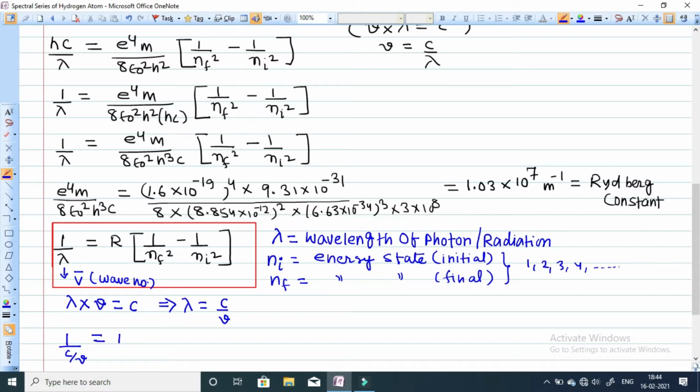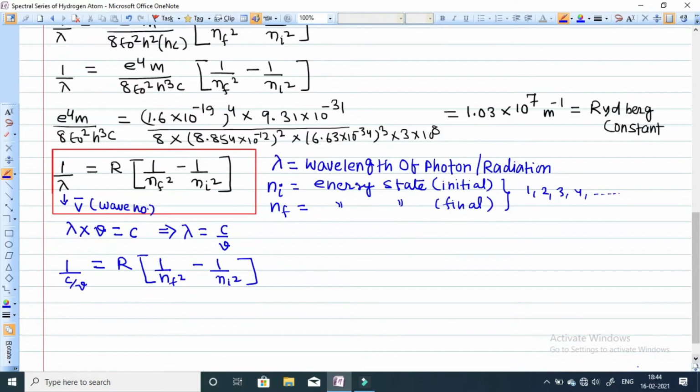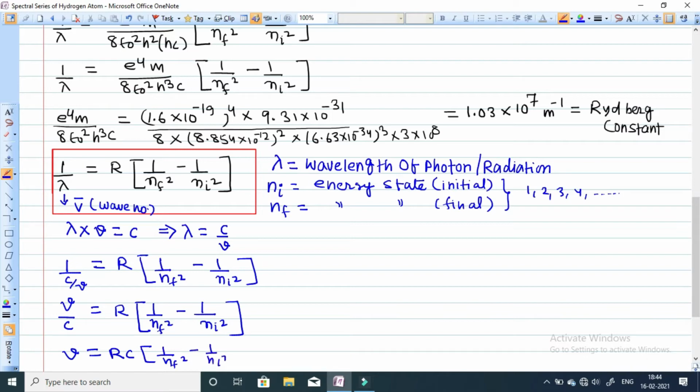This 1 by lambda is also known as wave number. Now 1 by lambda is equal to R into 1 upon n final square minus 1 upon n initial square. After solving, frequency upon the speed of light is equal to R into 1 upon n final square minus 1 upon n initial square. So frequency is equal to R into c, multiplied by 1 upon n final square minus 1 upon n initial square.